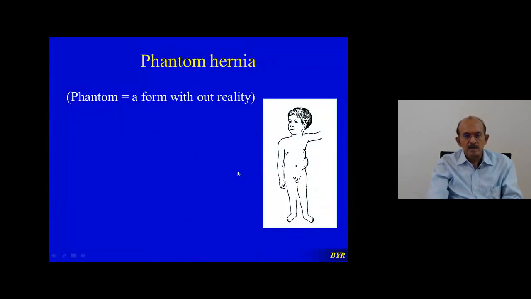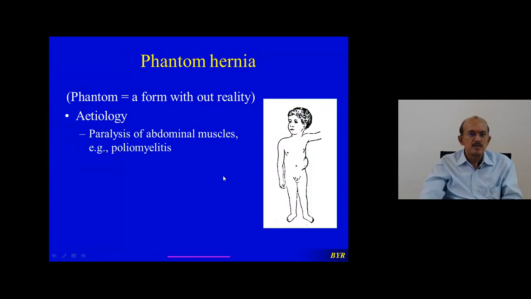Phantom hernia means a form without reality. So there is no actual hernia, but it's something that looks like a hernia. So this occurs in paralytic individuals. Whenever there is paralysis of the abdominal muscles like poliomyelitis, the flabbiness of the abdominal wall gives a hernial appearance. That is called the phantom hernia.